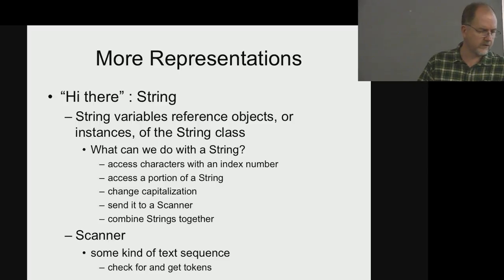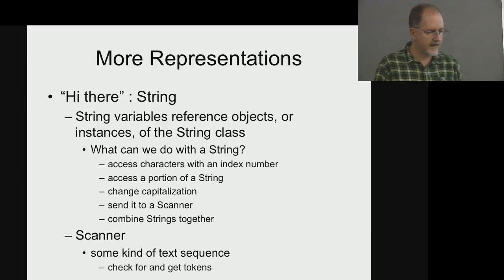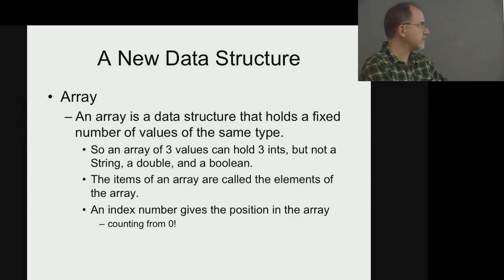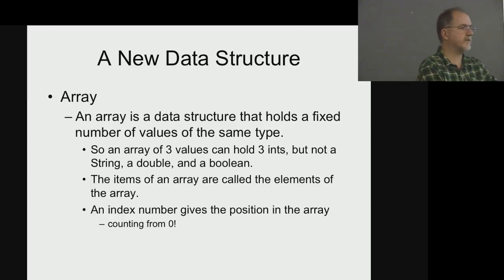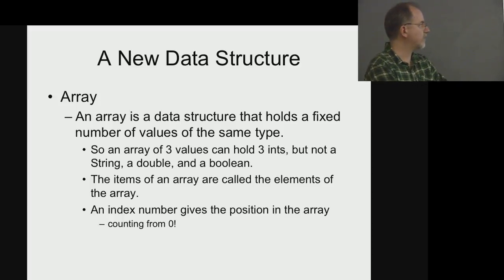All right, so we have very simple things, primitives, and we have slightly more complicated things, strings and scanners, and let's add another one on the more complicated side, an array. So an array is a data structure, in other words, something that holds data, that holds a fixed number of values of the same type. And those are all important aspects of a Java array.